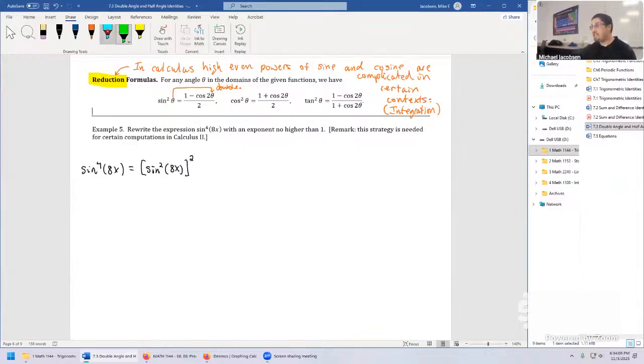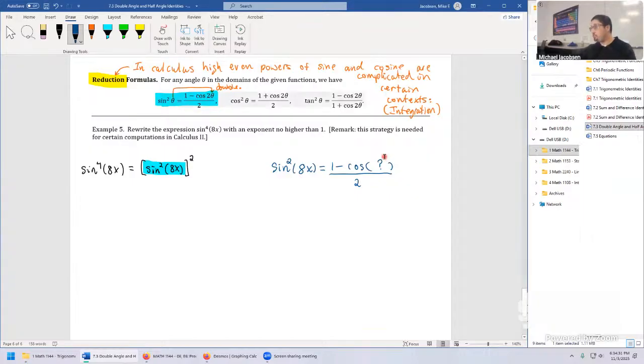Then we use the identity, this one here, on the function that's on the inside, the base, sine squared of 8x. Let's write that out in the margin to see how it plugs together. Sine squared of 8x will turn into this thing, 1 minus cosine divided by 2.